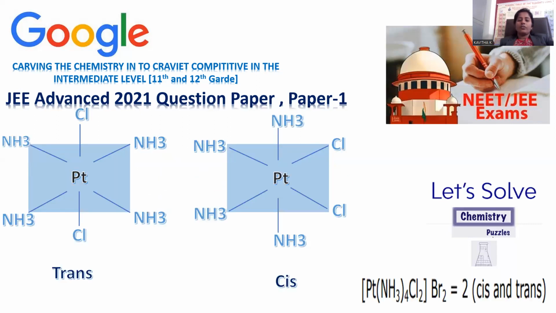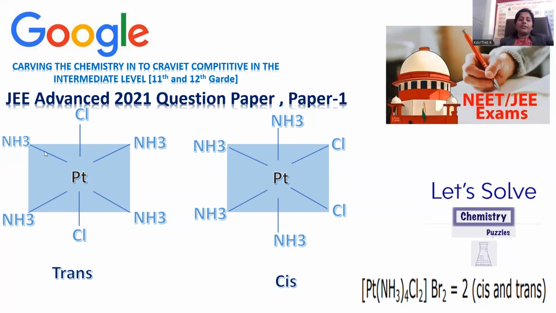If you go for compound number 1, where you can find platinum NH3 taken 4 Cl2Br2, both the chlorides are present inside the coordination sphere. So let me put platinum as the kind of complex where you can find octahedral geometry. Octahedral denotes what? The central metal is accomplished with a set of 6 ligands in the octahedral sphere.